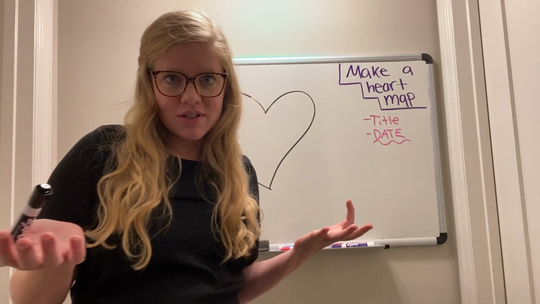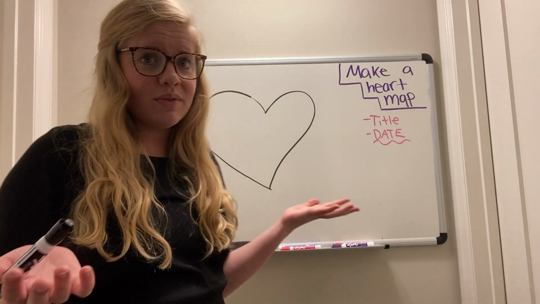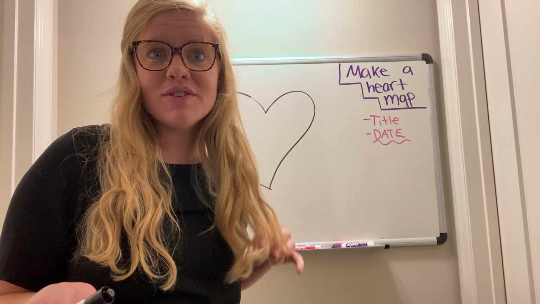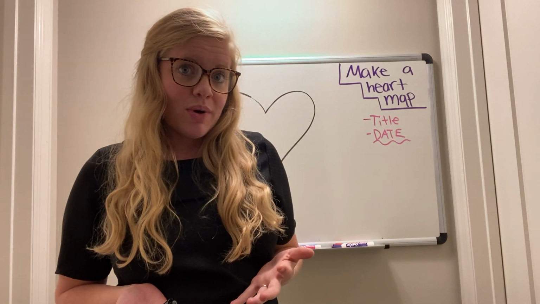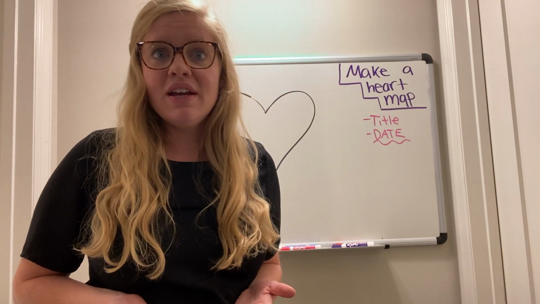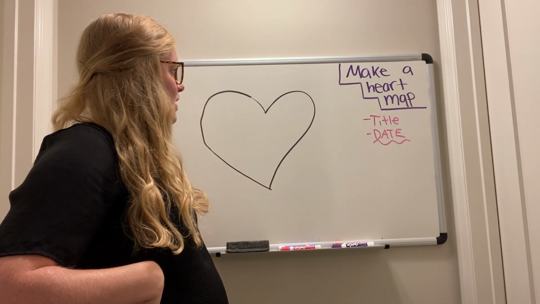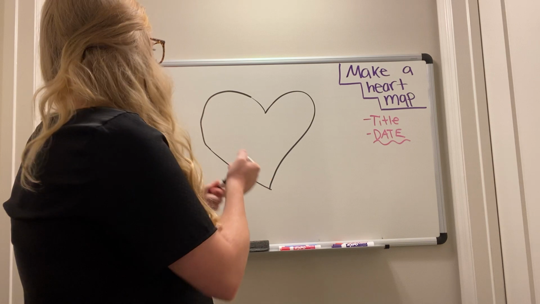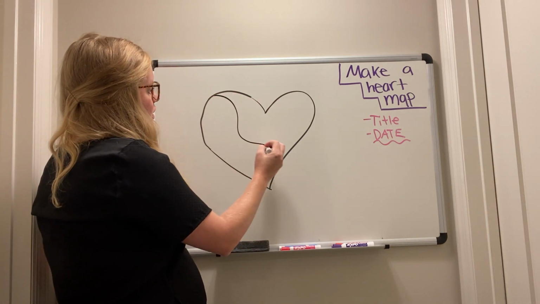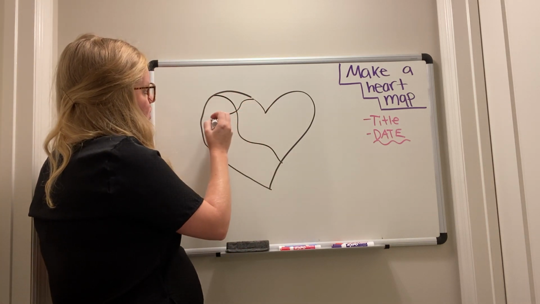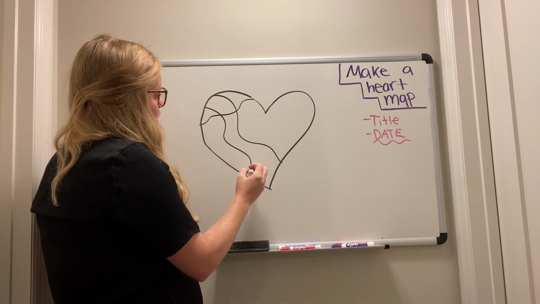So now what we're going to do, now that we already have our heart drawn, is we're gonna fill it up with different parts of our personality that make us special. So the first fun part that I like to do is make some lines through my heart map.